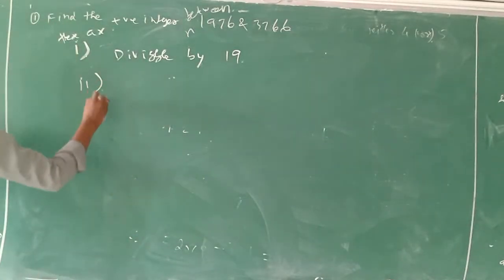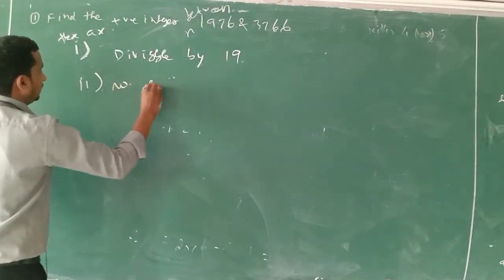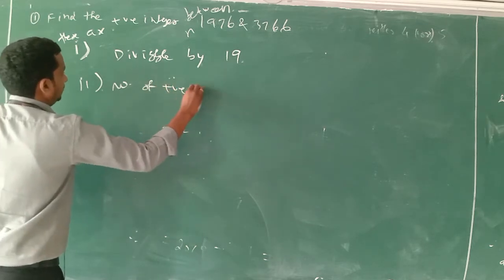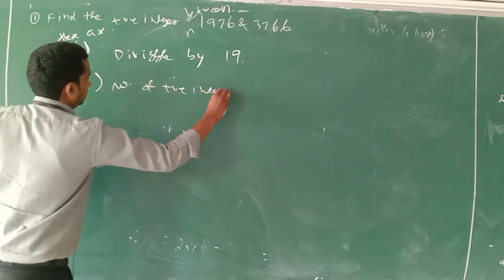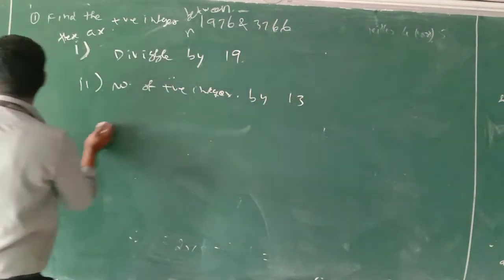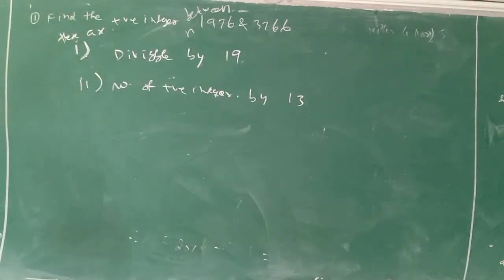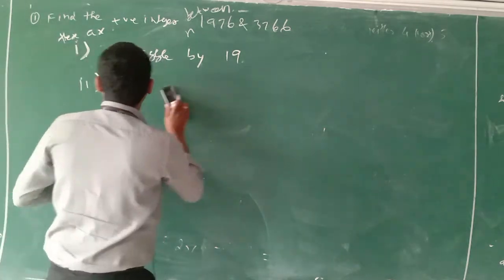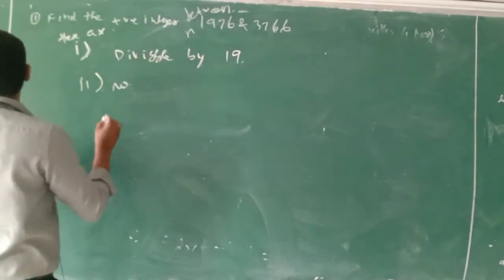Come to the second part: the number of positive integers divisible by 19.